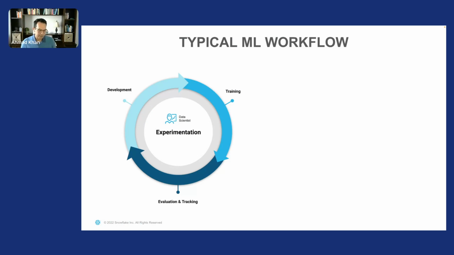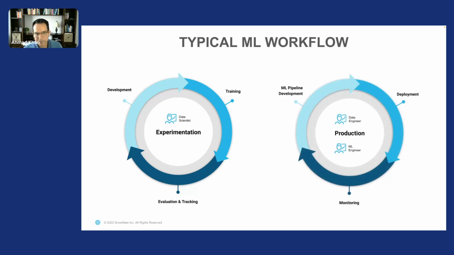One of the biggest challenges that we see is taking an idea, an ML experiment that data scientists might be running in their notebooks, and putting that into production. That's the key challenge that we see. In a typical ML workflow, you see two iterative cycles of experimentation and production.